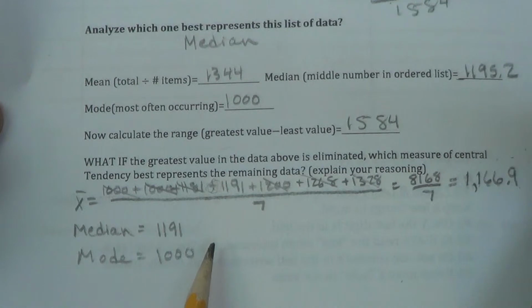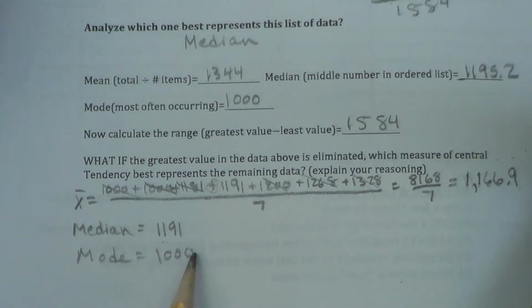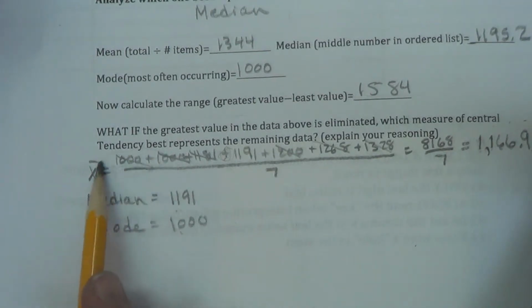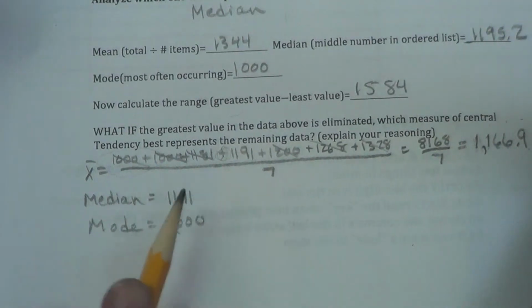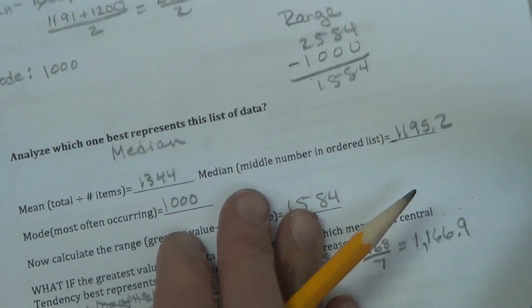Okay? The 1191 is still okay, but it's a little bit too high for this set of data now. And the 1,000 is way too low. It's down here on this end. So just remember, when you have an outlier, do not use the mean. The mean is only useful when there's not an outlier.